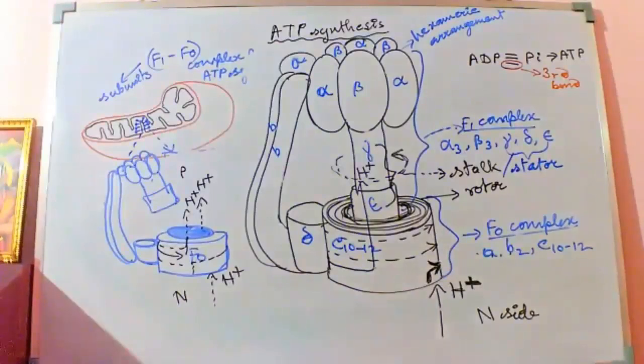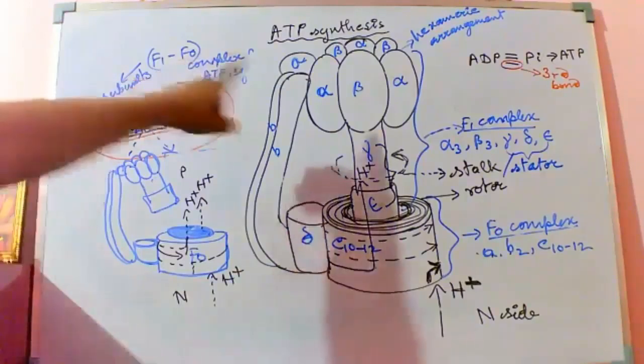How is this happening? This is happening because when ATP synthesis happens, ADP plus Pi, it also helps in pumping the proton out of the mitochondrial matrix this way. So the H plus ions, instead of moving tangentially, go vertically upward due to the presence of this hexameric head.